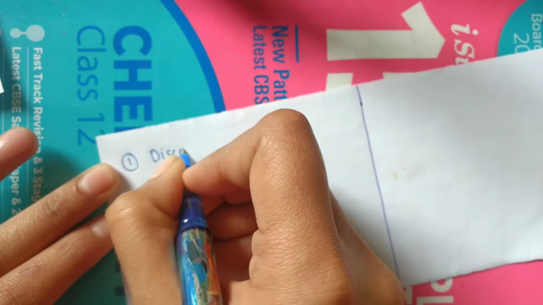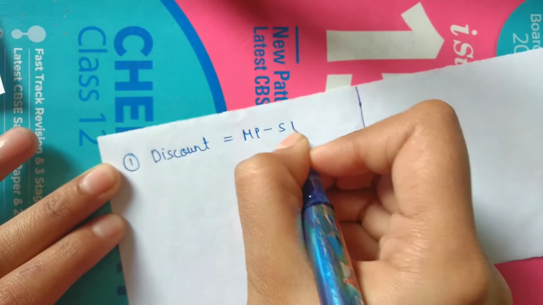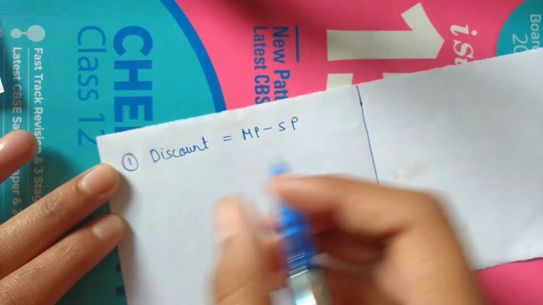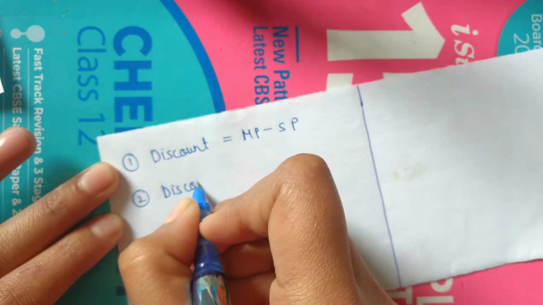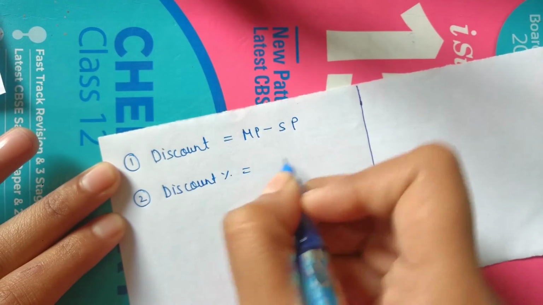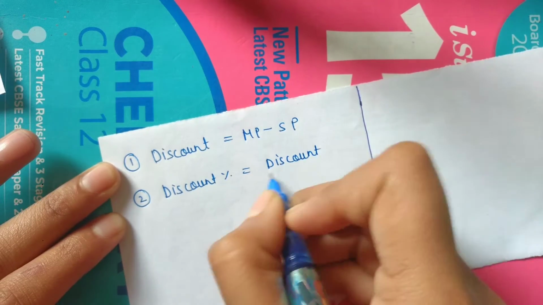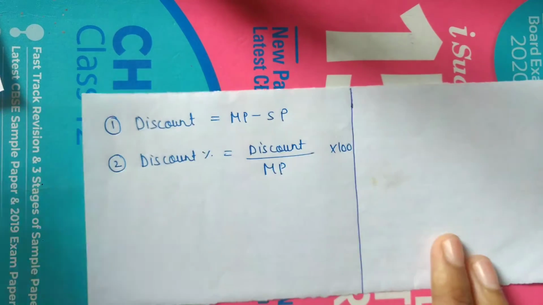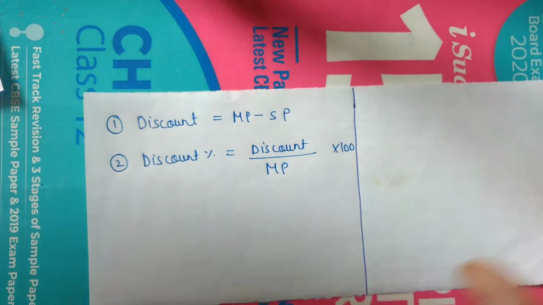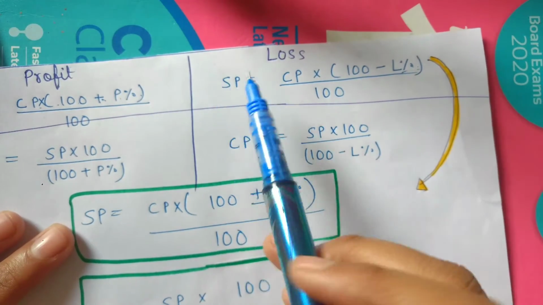Discount is equal to MP minus SP. We have to replace loss by discount and CP by MP. Second formula is discount percent is equal to discount by MP into 100.